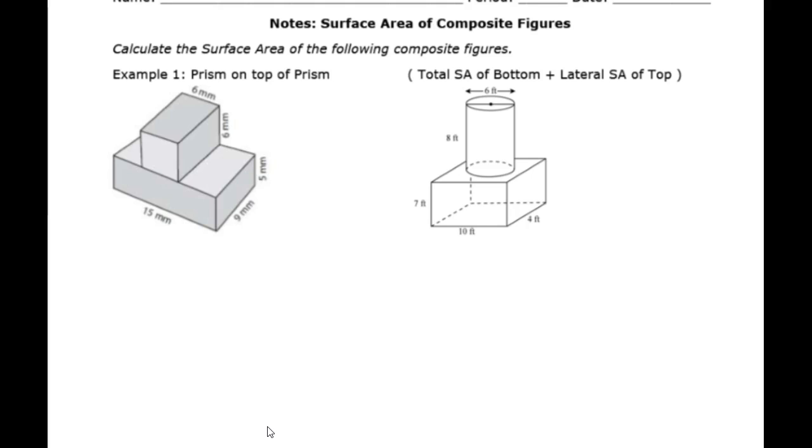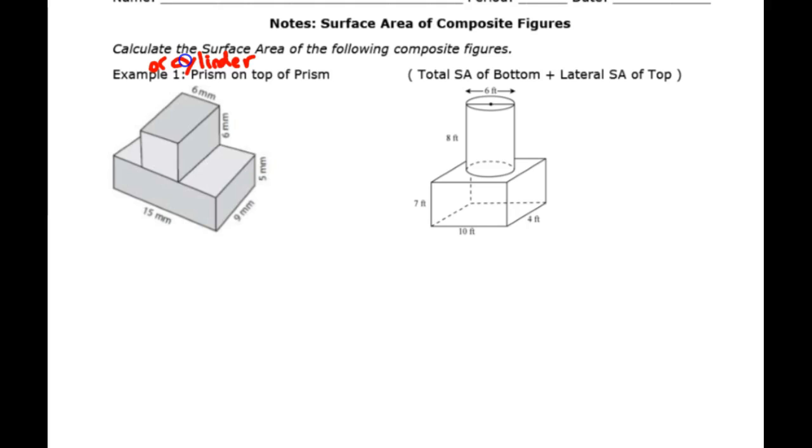On example 1, there's actually two of these for quote-unquote example 1. That's when you have a prism on top of a prism. Or it could be a cylinder on top of a prism. So these two examples, you have one shape on top of another.